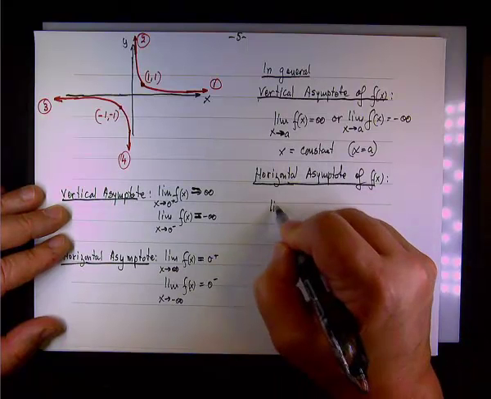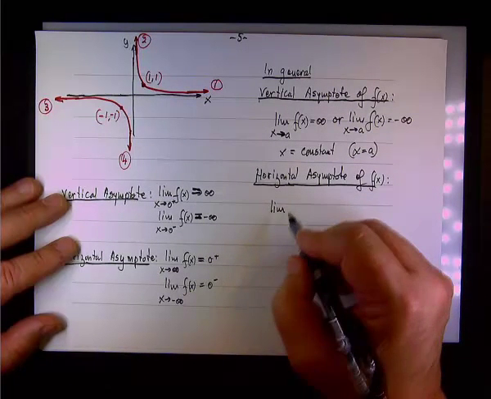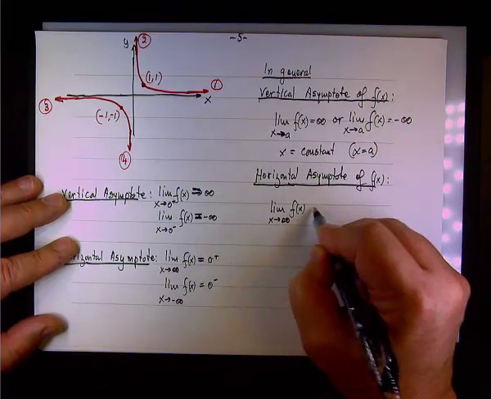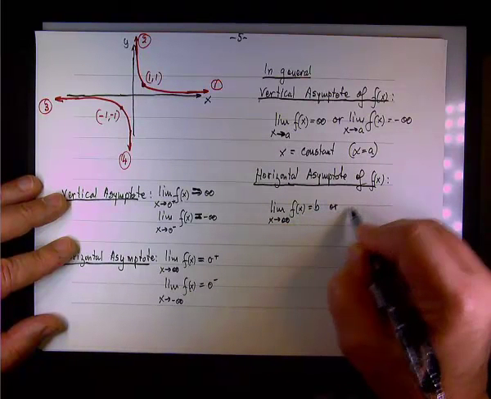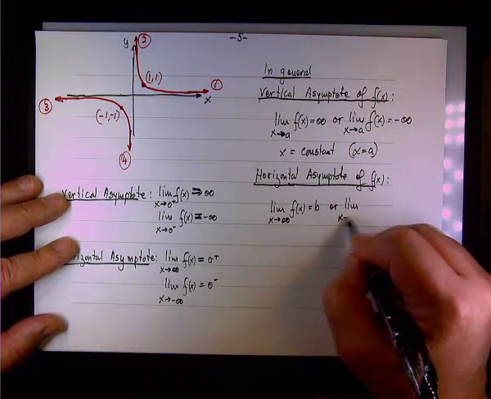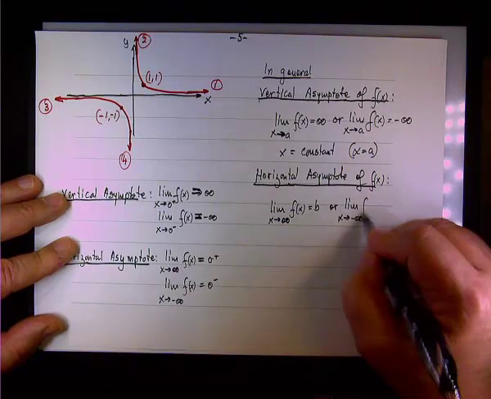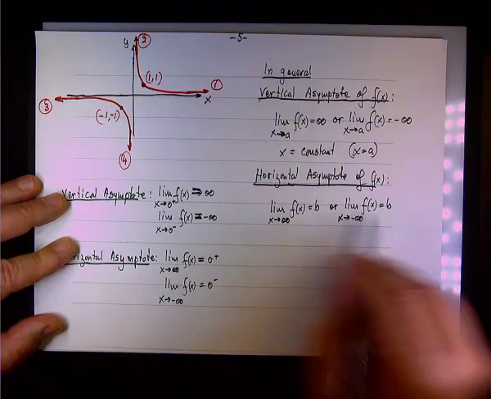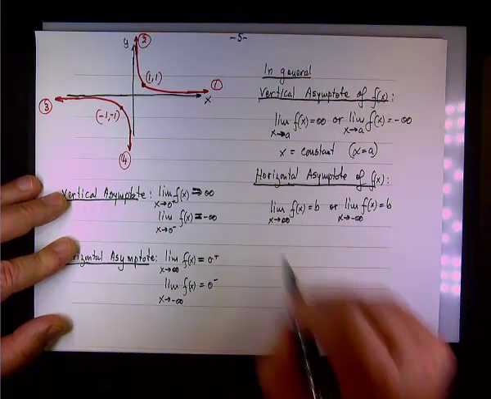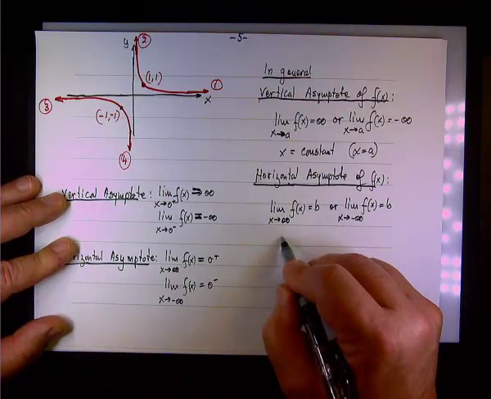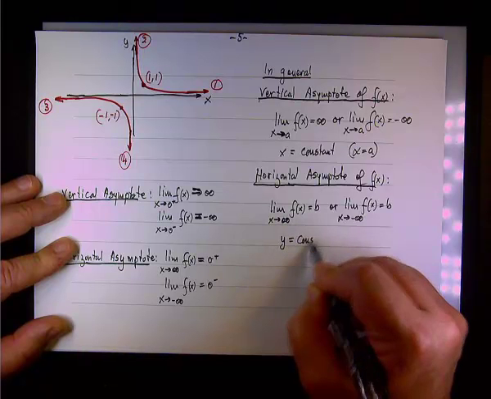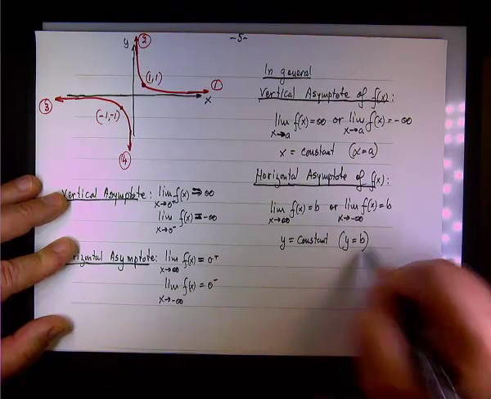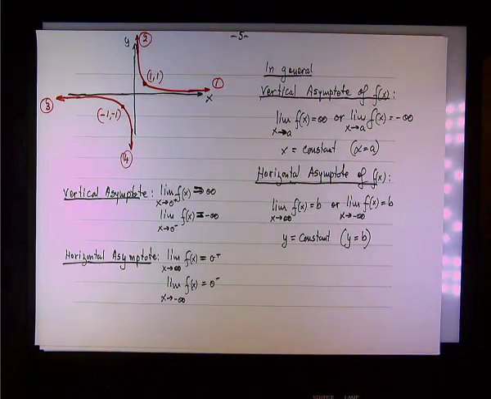And the next one, the general form will be the limit as x approaches infinity of f of x equals b, or the limit as x approaches negative infinity of f of x equals b. Okay? These two are the general form of the horizontal asymptote, or in general it will be y equal a constant. And you can see in this case y equals b.